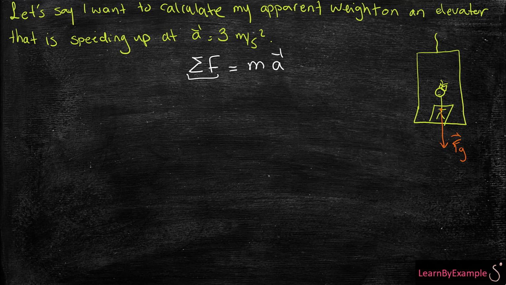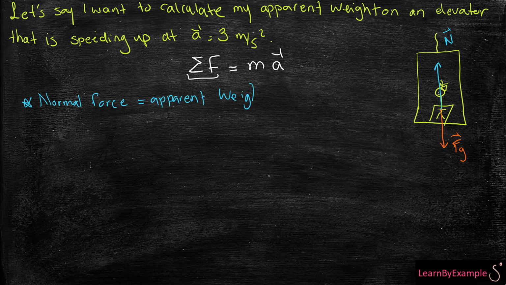And upwards, the floor of the elevator is pushing back on me, opposite to the direction of the force of gravity, and I call that the normal force. Now, in this question, the normal force actually represents my apparent weight. So normal force equals my apparent weight.